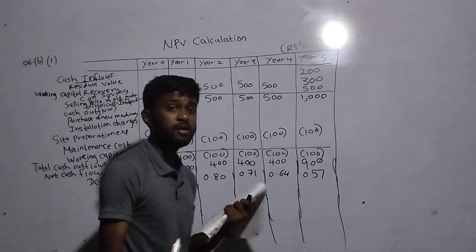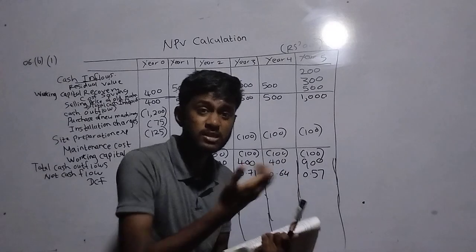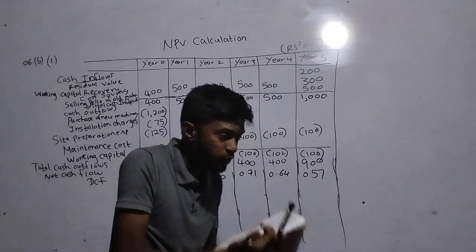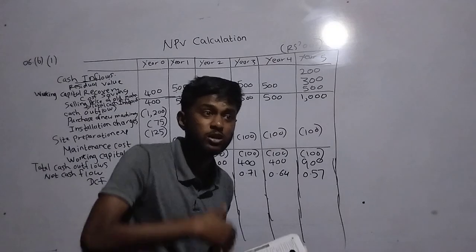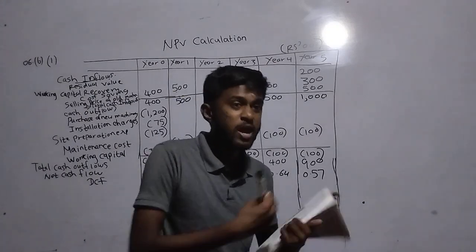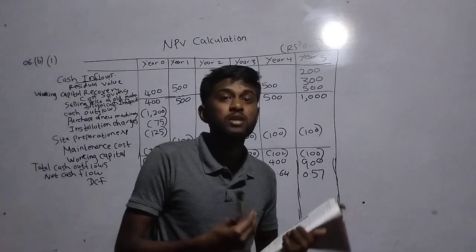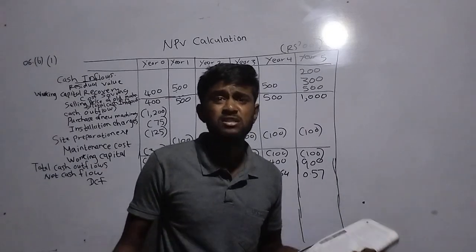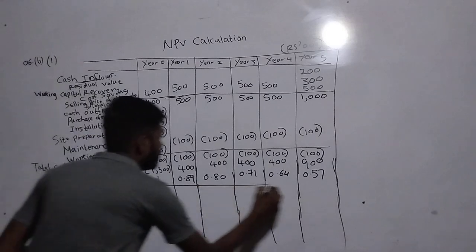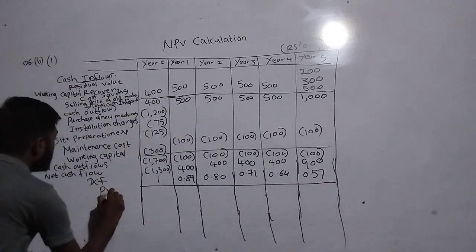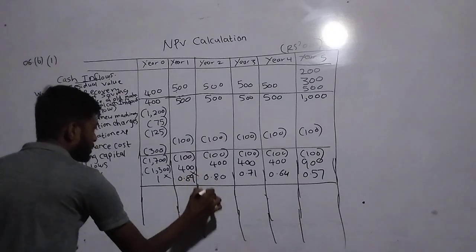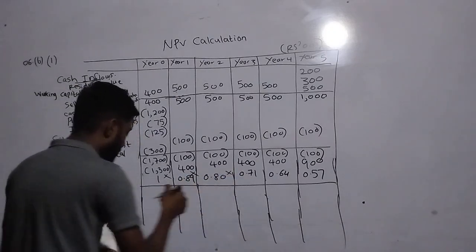Why are we discounting? Because you need to consider the present value. Now in year 5 you are getting 900, but what is that worth today? Present value. Because when we are doing the NPV calculation, we are checking today's present value. If the present value of the project is positive, you accept; otherwise, you reject. Then you can calculate the present value. How to calculate the present value? 1300 into 1. 400 into 0.89. 400 into 0.80.